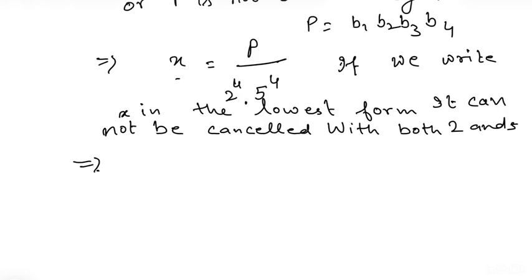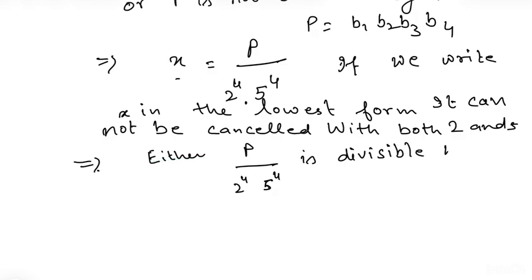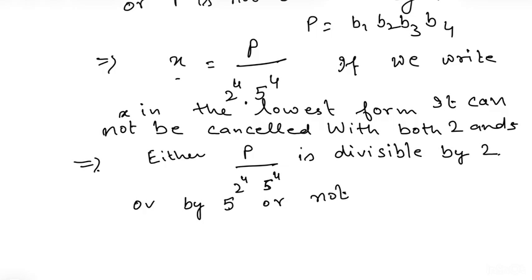So this implies p upon 2 raised to power 4, 5 raised to power 4 is divisible either by 2, or by 5, or not by anything.